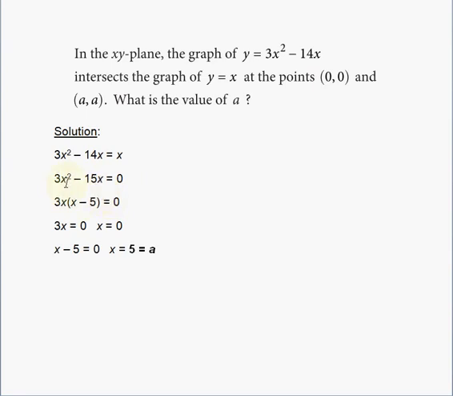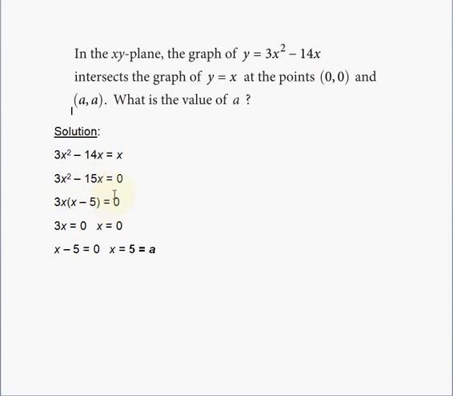For the 3x squared and the minus 15x, the common factor will be 3x. So you take it out of the parentheses, and you're going to have x minus 5, because x times 3x is 3x squared, and minus 5 times 3x is minus 15x.